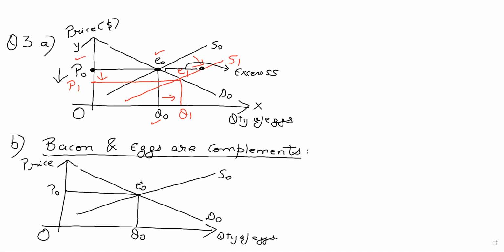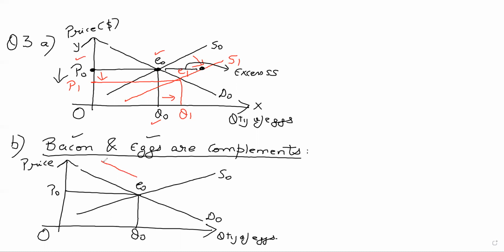When the price of bacon falls, what will happen? Bacon has become cheaper, and bacon and eggs are complements. They are consumed together. So if the price of bacon falls, demand for bacon goes up, and eggs are consumed with bacon, so demand for eggs will also go up.